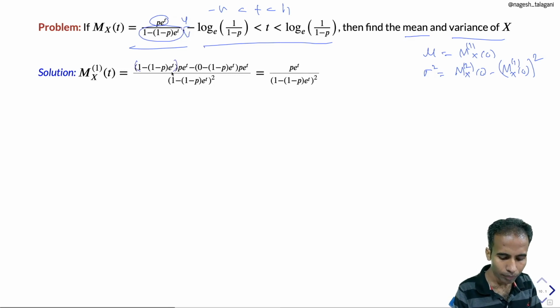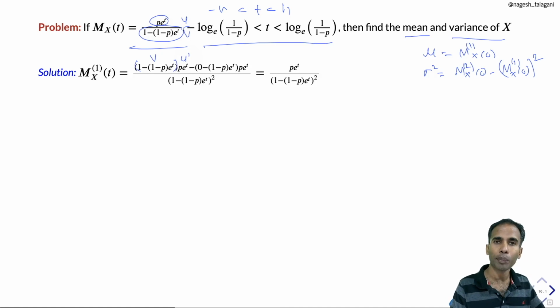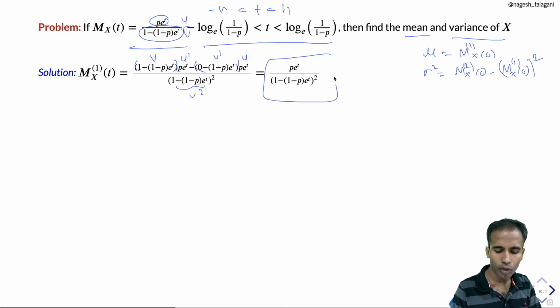The derivative of p e power t with respect to t is again p e power t. So v u dash minus v dash u by v square gets simplified to p e power t by 1 minus of 1 minus p e power t whole square. Feel free to verify this.